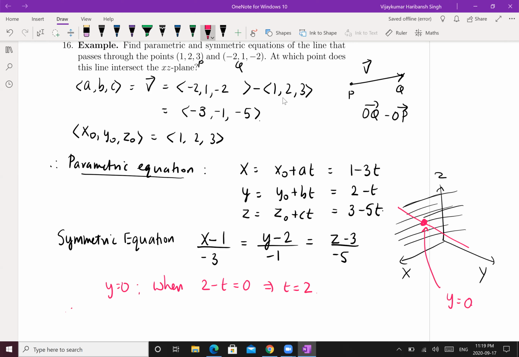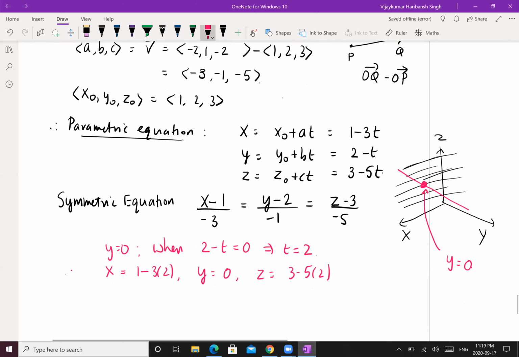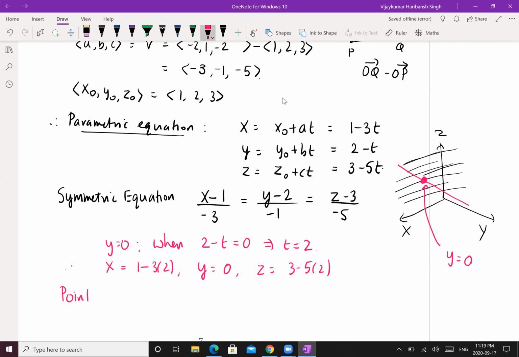Therefore, the point is x equals 1 minus 3 times 2, y equals 0, and z equals 3 minus 5 times 2. So the required point is minus 5, 0, and 3 minus 10, which is minus 7. So this is the point of intersection. Thank you for your attention.